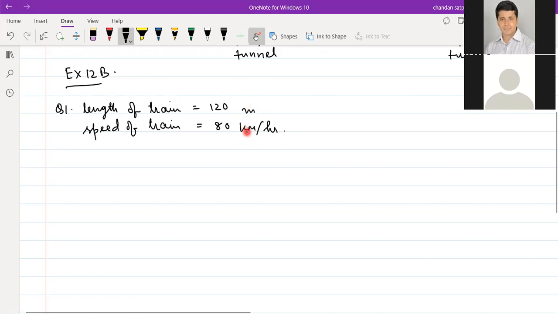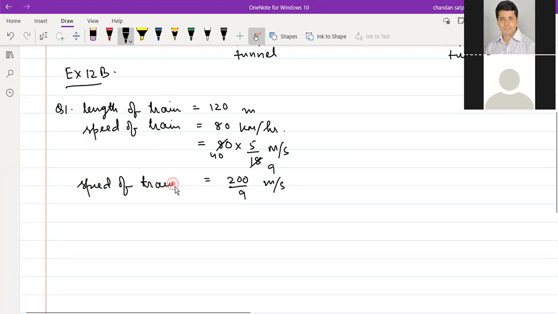So what we will do, we will convert this 80 km per hour into meter per second. So we will write 80 into 5 by 18 meter per second. Now it will get cancelled by 2, 9 times, and 240. So it has come 200 by 9 meter per second. So this is the speed of train. So speed of train is 200 by 9 meter per second.